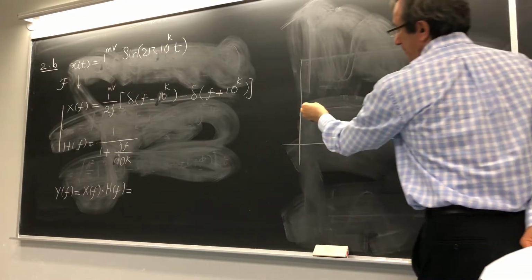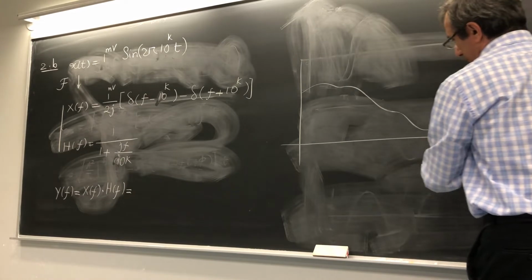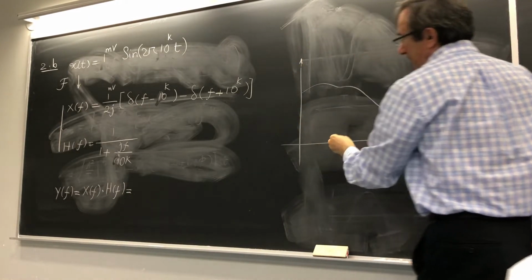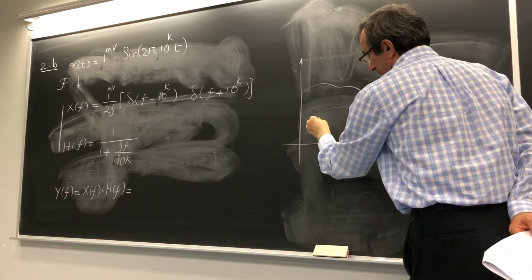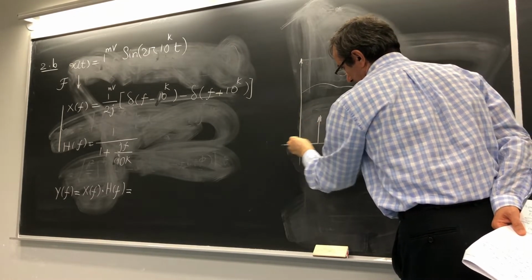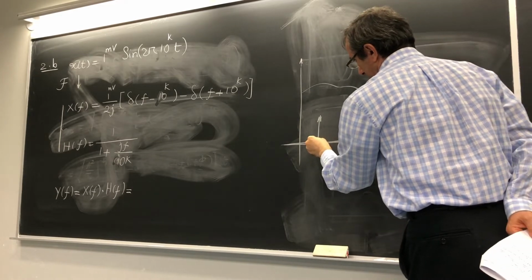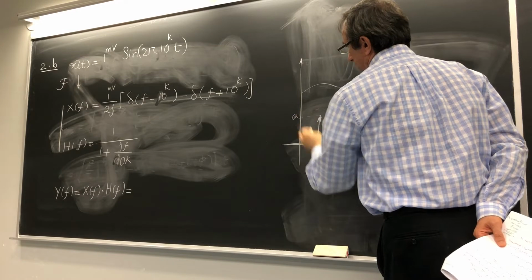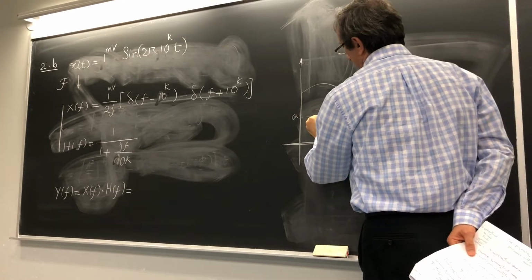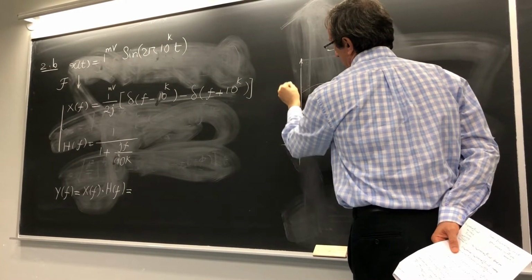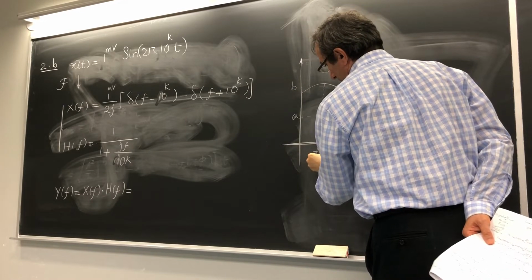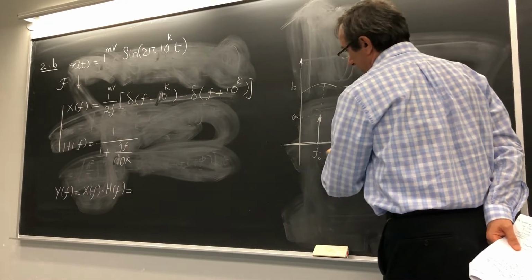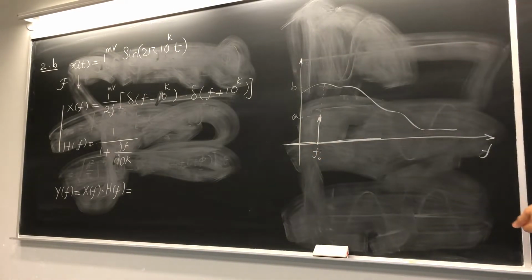Suppose that I've got a function in frequency. If I multiply that function with a delta function with a certain amplitude, we know that the delta function is 0 everywhere but at f naught.